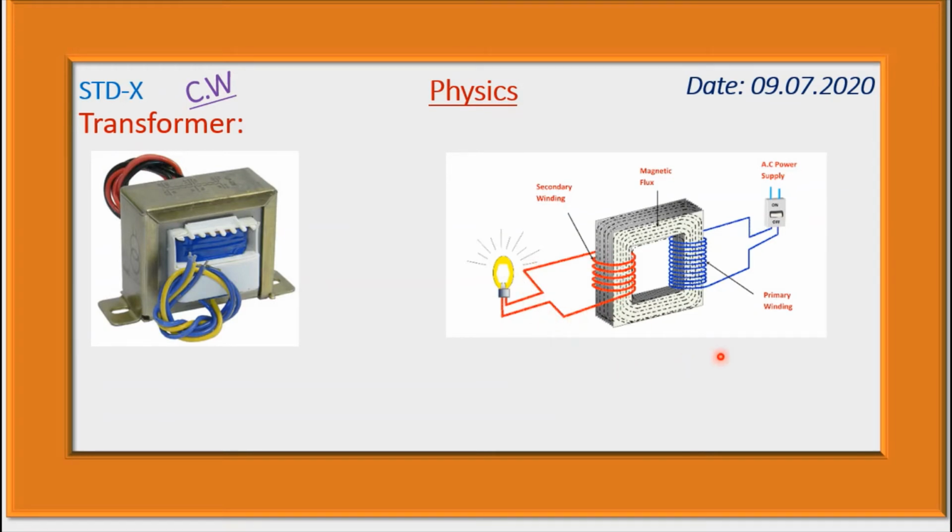That means we can change the magnetic field by alternating current, and when the magnetic field is changed by AC current, the magnetic flux through this coil will change continuously, and an induced electromotive force or induced current is produced through this secondary coil. This is the main mechanism of a transformer.